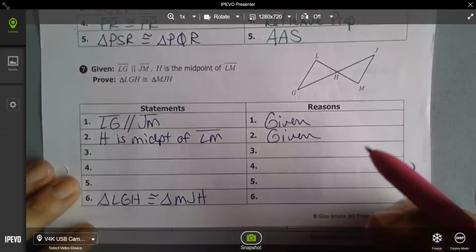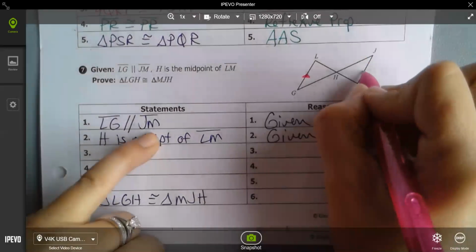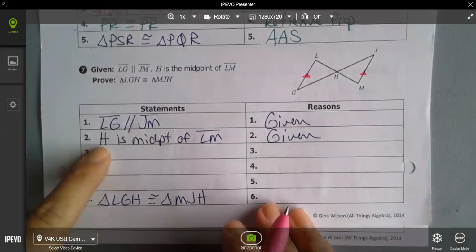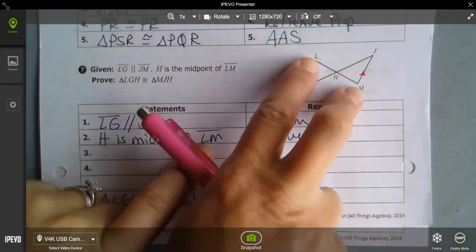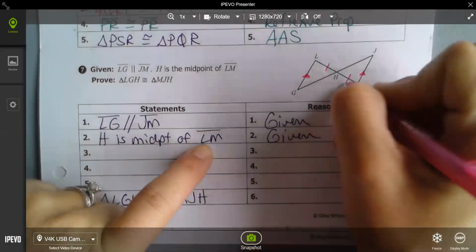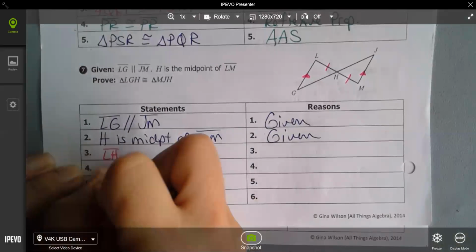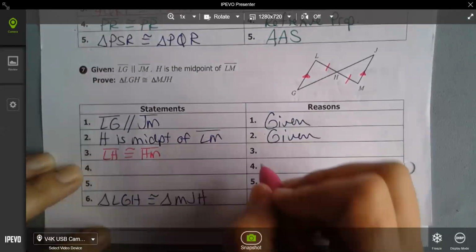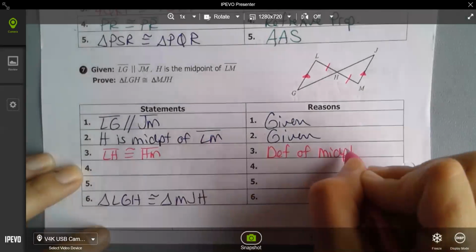All right, mark it. LG parallel to JM. H is in the middle of LM, which means LH and HM are the same. They are congruent to each other. So we're going to write LH is congruent to HM because we know the definition of midpoint.